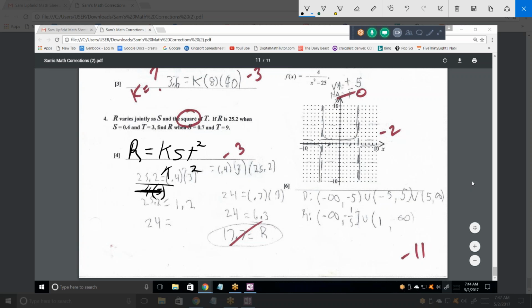That should be 3. Oh, 3 squared. Right. 3.6. Wait. Okay, here's what we got. 25.2 equals k, always start with that so you don't forget it, times 0.4 times 3 squared. Now solve that equation for k.